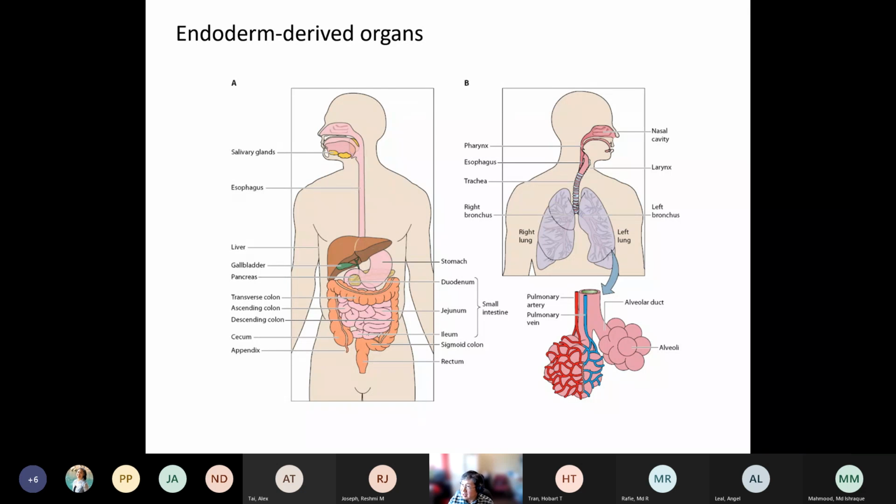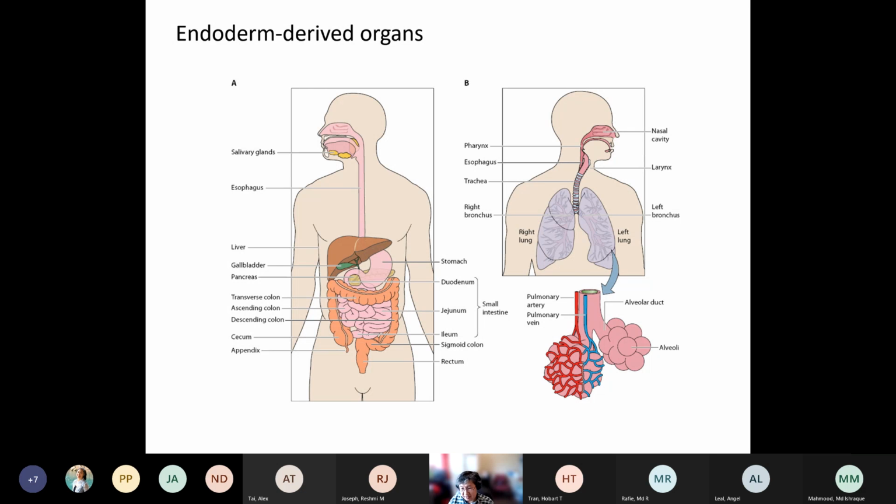So for the majority of the GI tract, as well as the respiration system, when we say the cells are derived from endoderm, it is mainly the epithelial lining of these organs that are from the endoderm. Because each organ of our body is very complex. They have blood vessels and a mesenchymal content. Like the blood vessels shown here, the pulmonary artery and the pulmonary vein, they are not from endoderm.